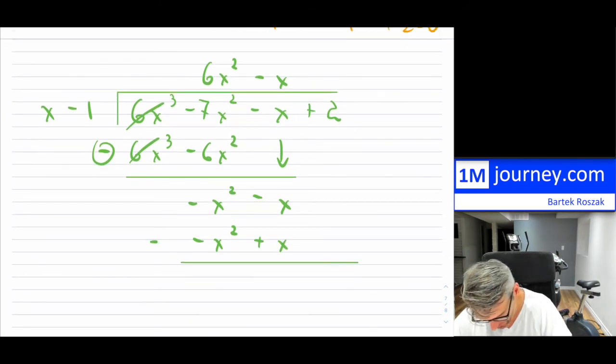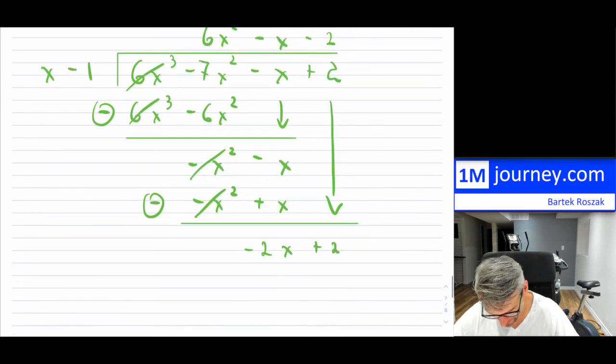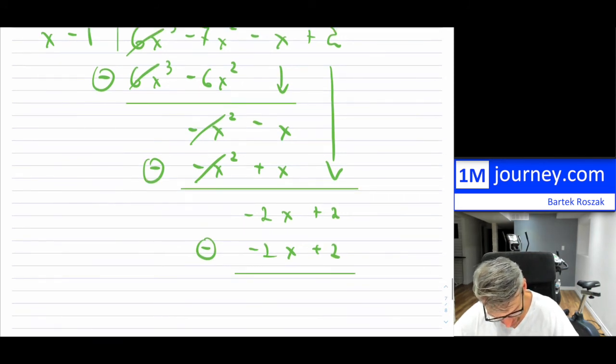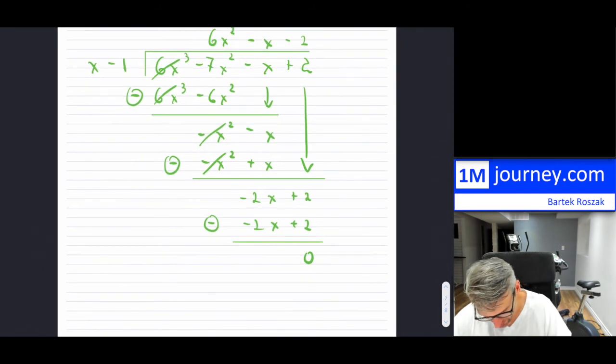That's that. So minus 2x plus 2. So minus 2. And we know that this will be 0. Indeed it's 0, because we know x minus 1 was a factor. So in factored form, here's 1, 0.